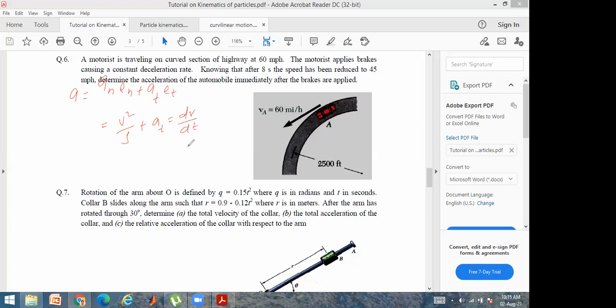So हाम्रो change in velocity कतिमा छ, 45 देखि 60 मा गएको छ. Therefore final minus initial divided by time, 8 second हैन.